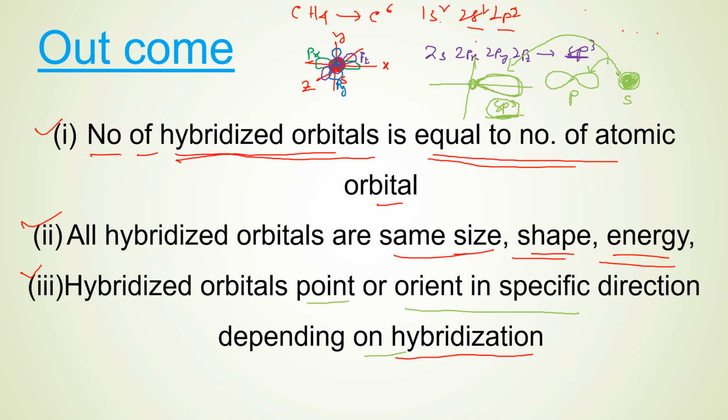All sp3 hybrid orbitals are of the same size and shape with the same energy. So they will be like this, again like this, along the x-axis, y-axis, and z-axis. So these will be the four sp3 hybrid orbitals.